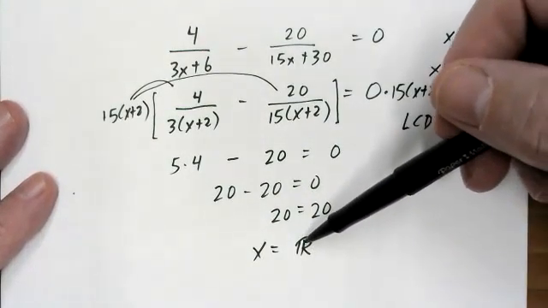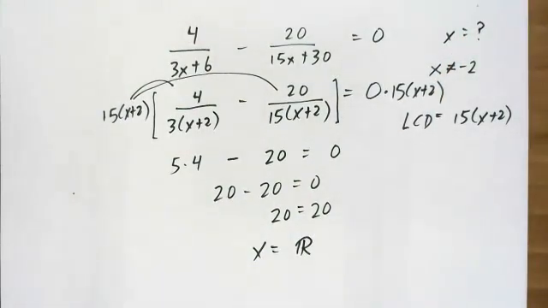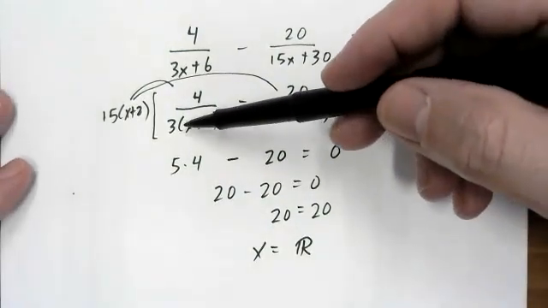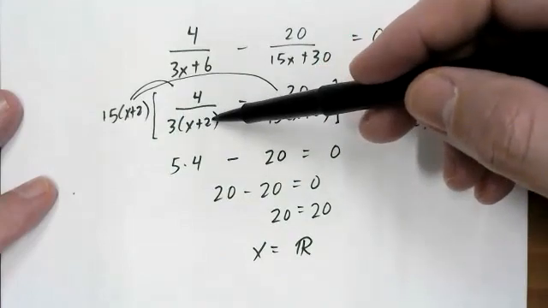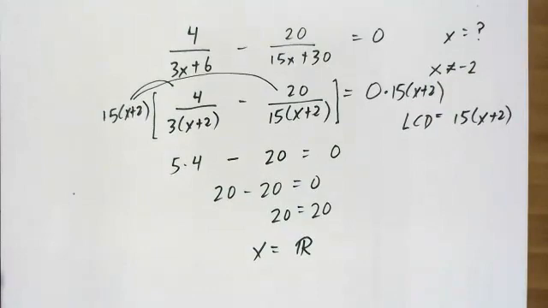Now, in this case, my solution is like all numbers. Like x can be anything. I can plug in anything for x and it will work. I can plug in 0 for x. So 3 times 2 and 15 times 2. And if I worked out all the algebra, I'm sure it would work.